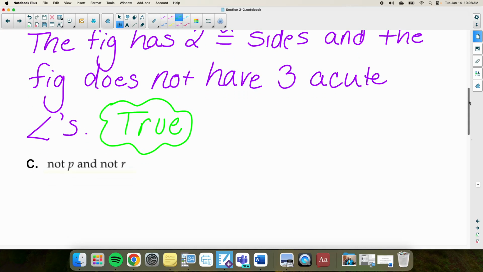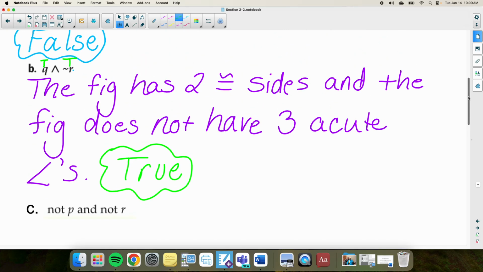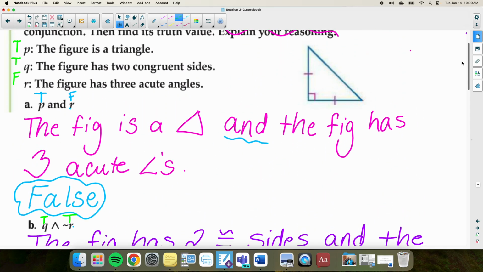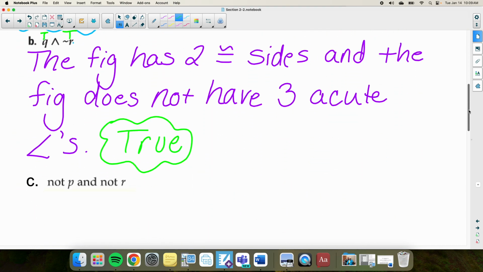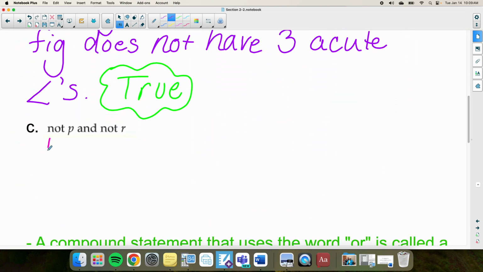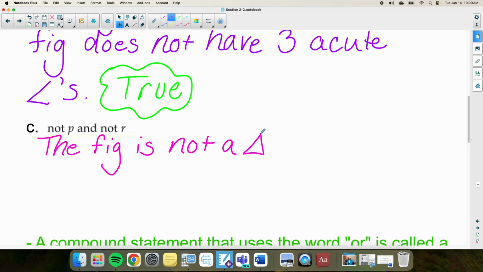Now this says not P and not R. So what I have to do is negate both P and R, which just means put not into it. So I'm gonna say the figure is not a triangle, okay? The figure is not, feel free to make a triangle for that.